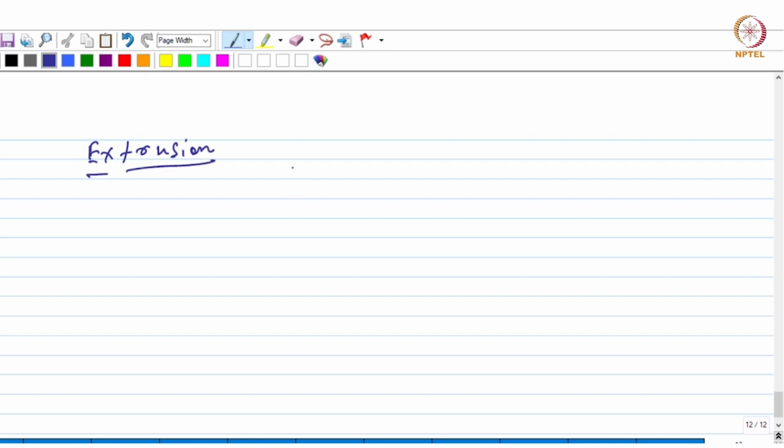And their quench sensitivity is also low, and therefore they can be directly quenched from the extrusion temperature.